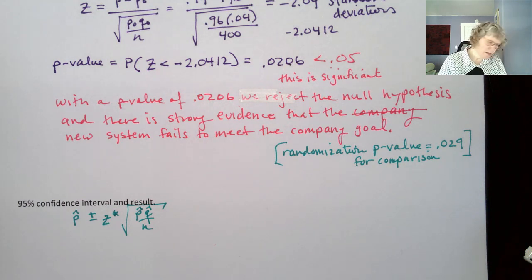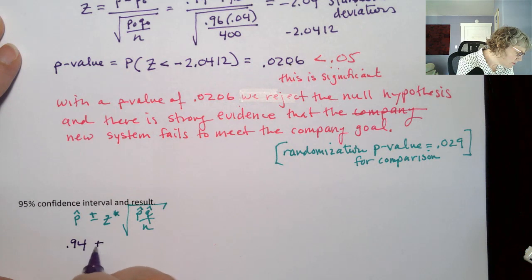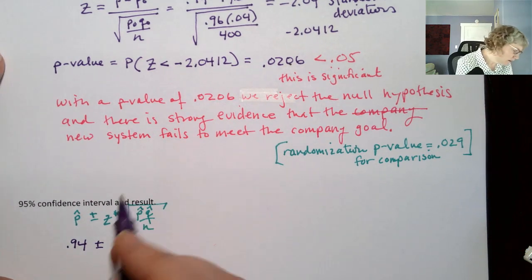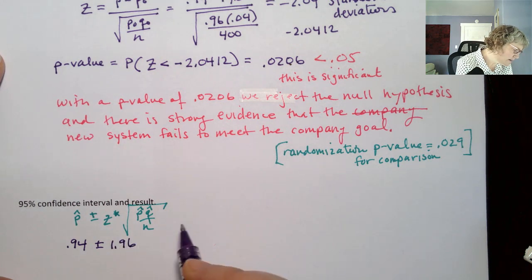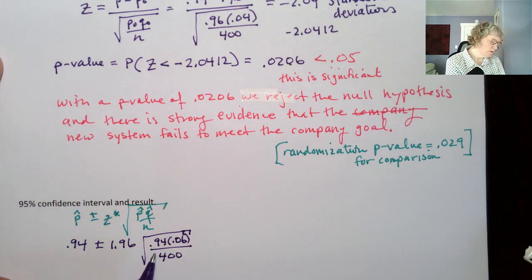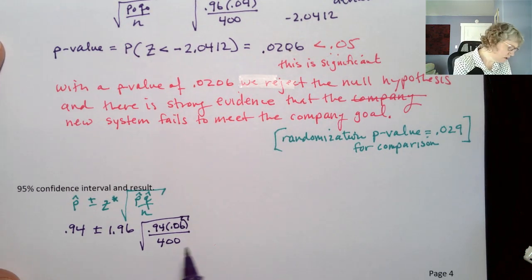Okay, so for our p hat, we have 0.94 plus or minus. It does say 95% confidence interval, so 1.96 times the square root of 0.94 times 0.06 this time over 400. So I did the 1 minus 0.94 in my head.